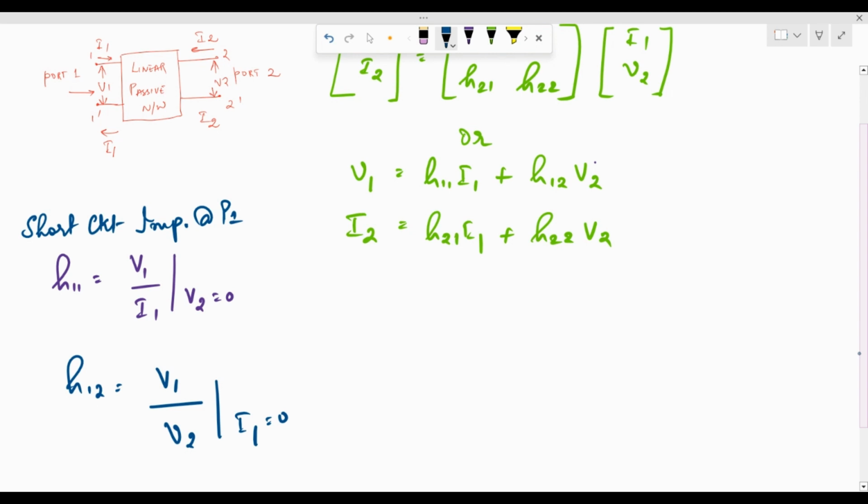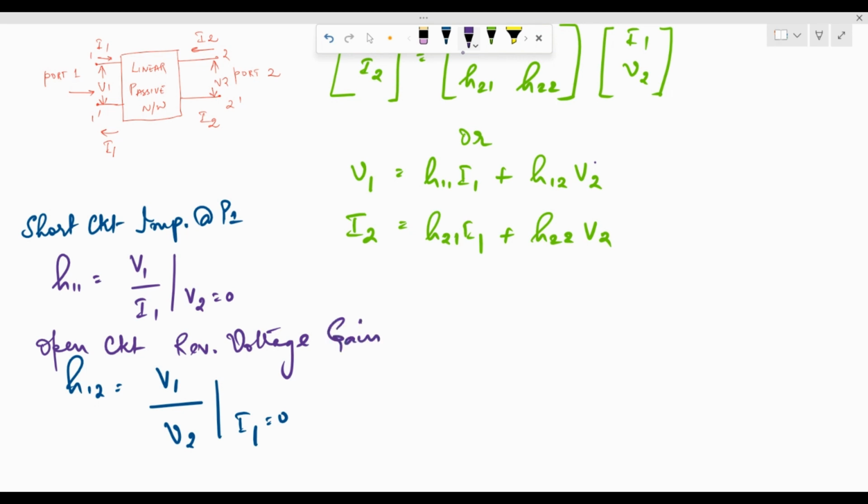If I have a ratio of the output voltage to the input voltage, that would be called the voltage gain. But in this case, we have the reciprocal of it. And when I say I1 is equal to 0, it means that port 1 has got open circuited. So this parameter is basically going to be called the open circuit, because I1 is 0, reverse voltage gain. Reverse voltage gain.